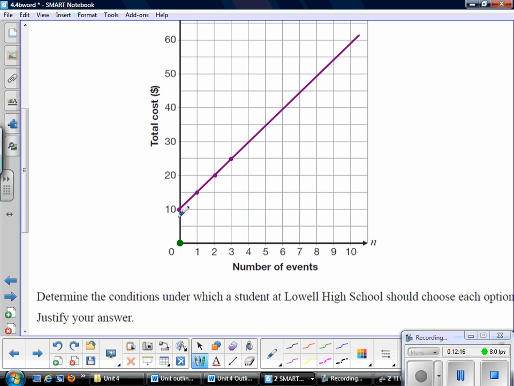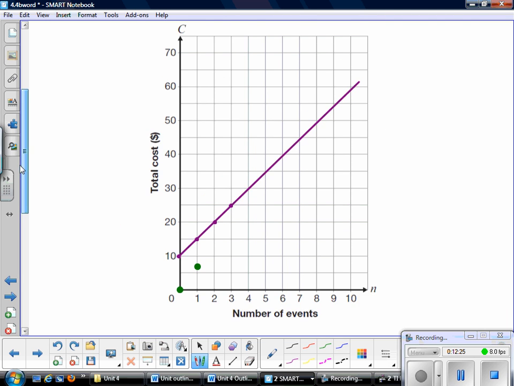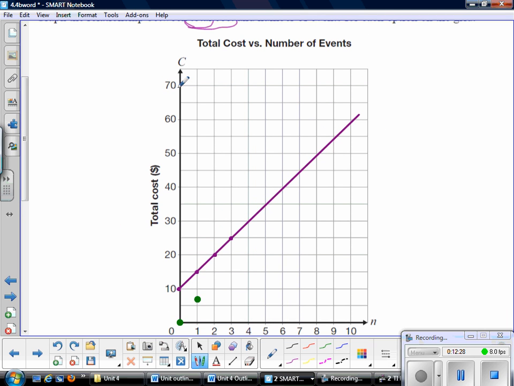So one event's going to cost them $7.50. So roughly there, what would 10 events cost them? Well, $75. So that might be easier to graph. So here's 70, there would be 75. Okay, so I kind of cheated in some respects because it's hard to do. I suppose 2 events would cost them 15.